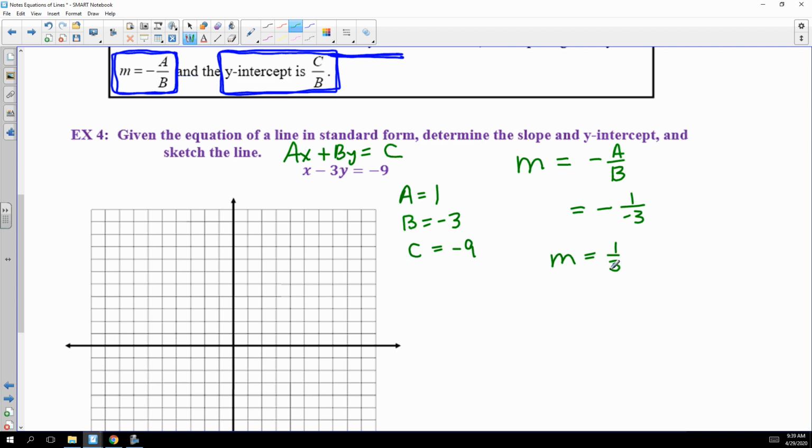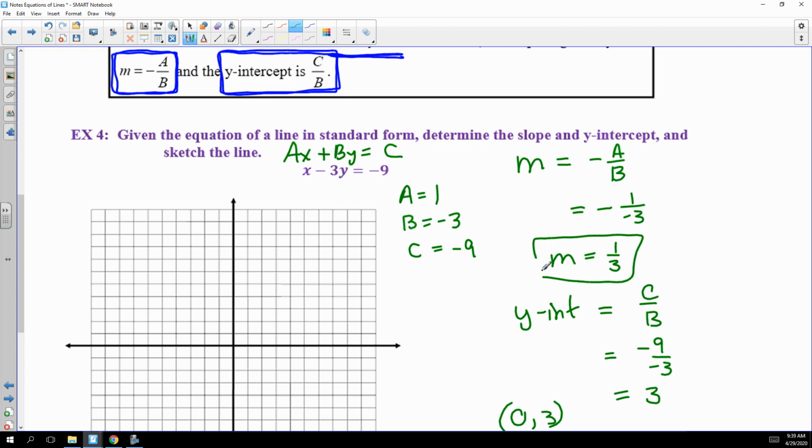And the y-intercept is given by c over b, and in this case that would be -9 over -3, which gives us a y-intercept of 3. Remember, that's the ordered pair (0, 3), which is what we're going to plot to graph that particular line. So we've got the slope, we've got the y-intercept, and then we're going to sketch it.